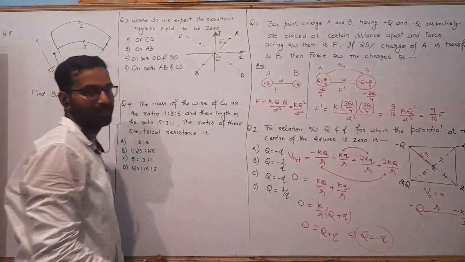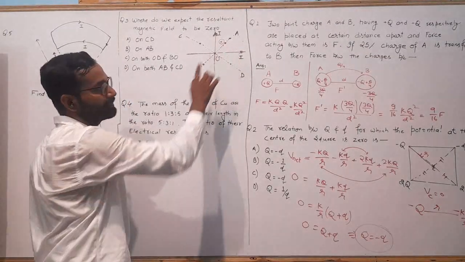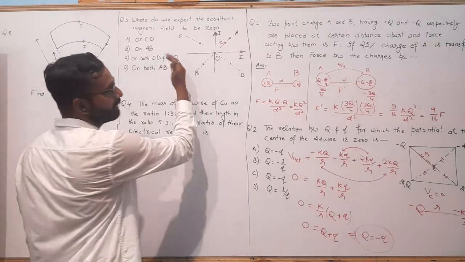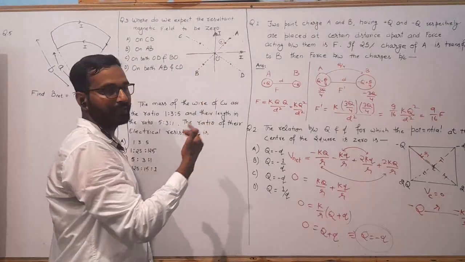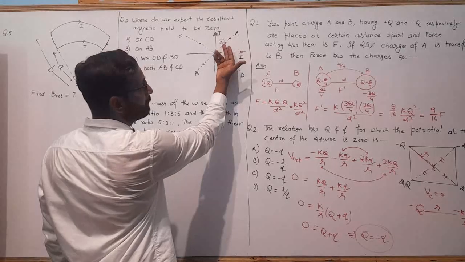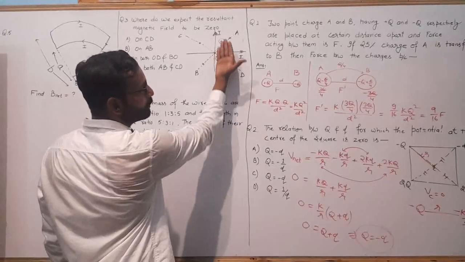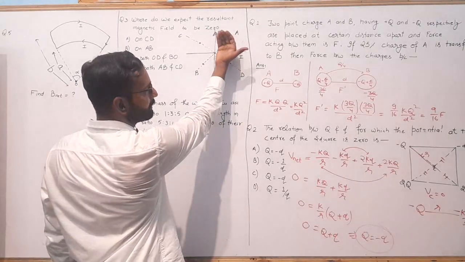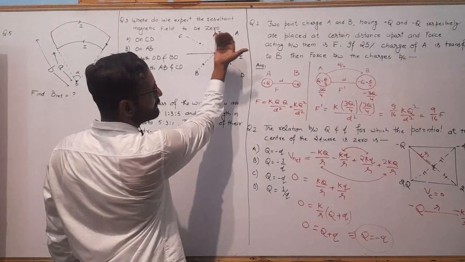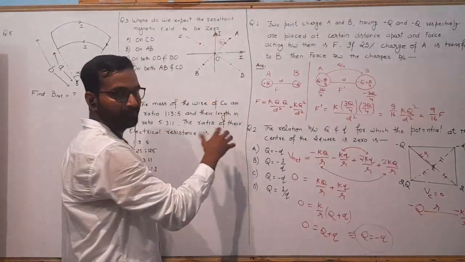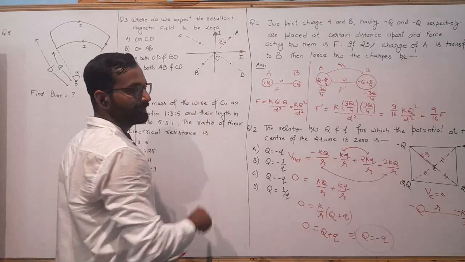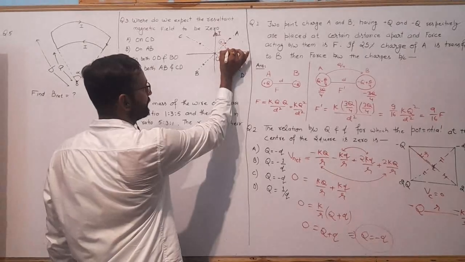Similarly, for the other one, we put the thumb in the current direction and the finger at the magnetic field point. Now curl the finger. We find that the current is going outward from this board, so the direction of the magnetic field is outward.